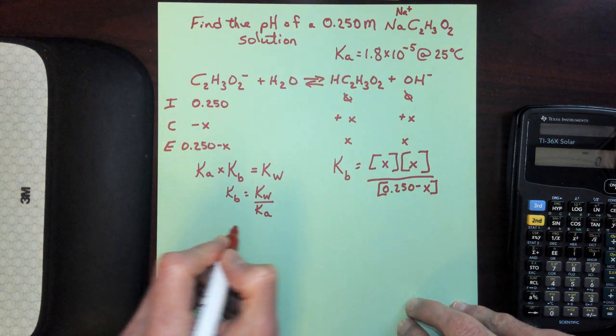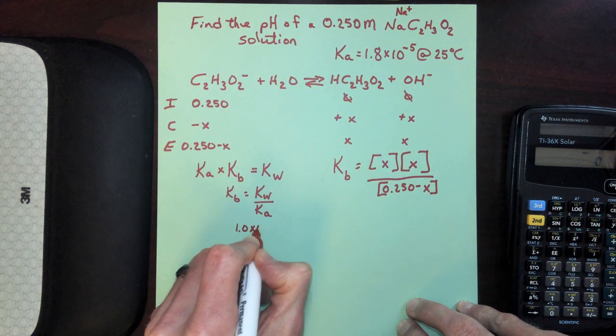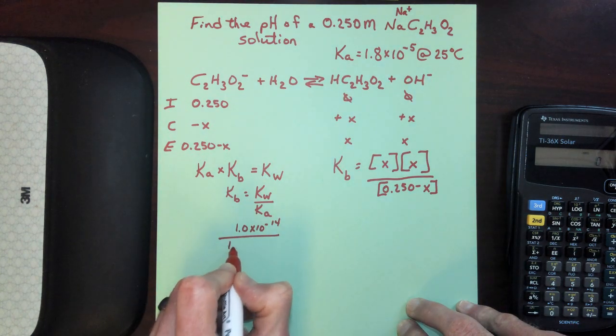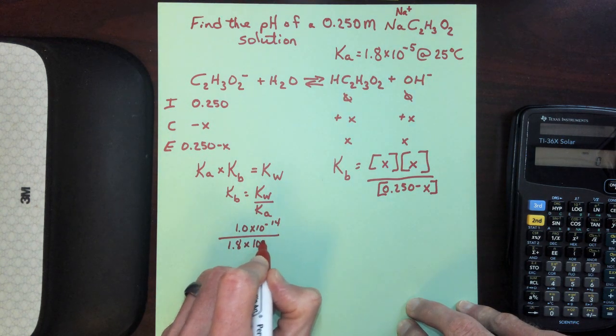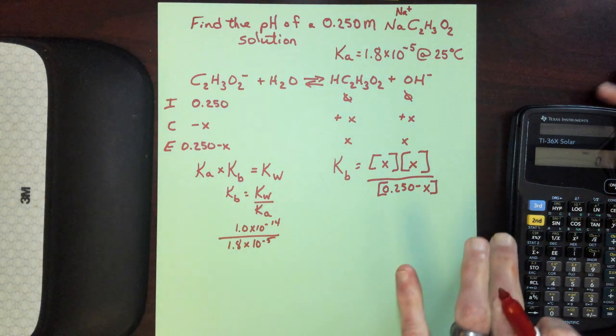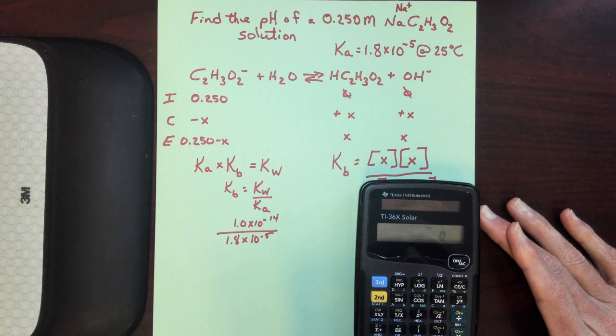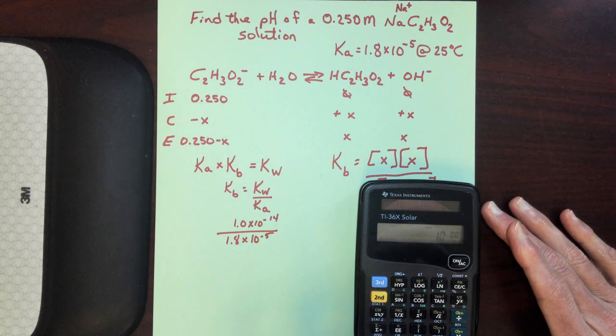So let's take Kw, 1.0 times 10 to the negative 14, divided by our Ka, 1.8 times 10 to the negative 5. That gives us our Kb.